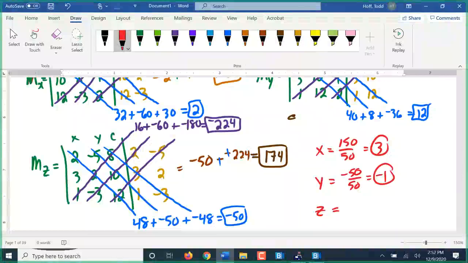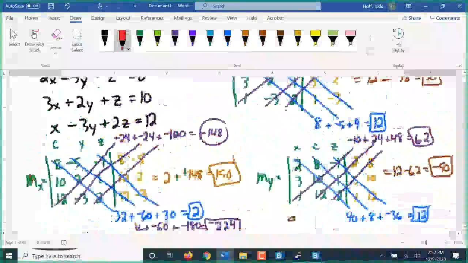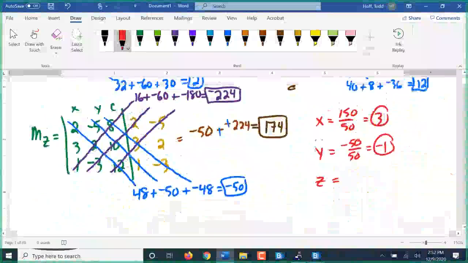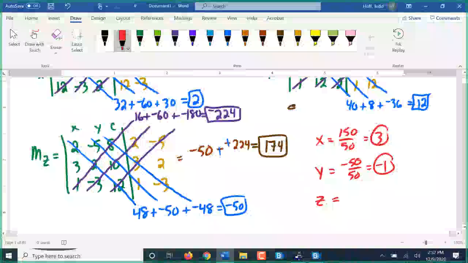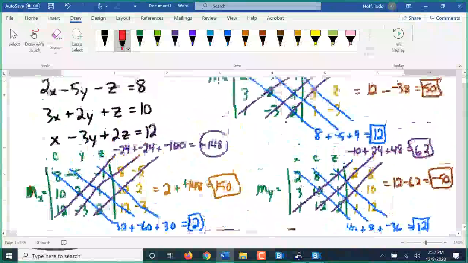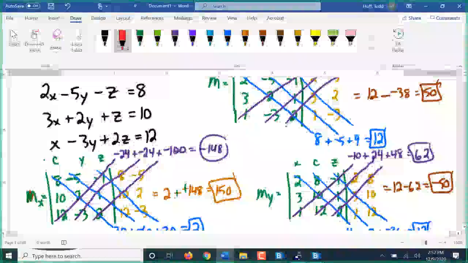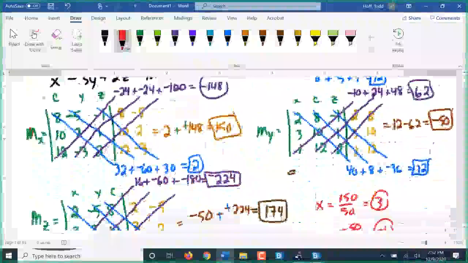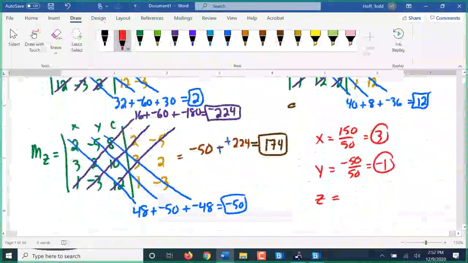Still not sure why that's coming up weird like that. Something just feels off about Z. Let me double check my matrix on Z because something's not coming out correct there. 3, 1, negative 5, 2, 3, 8, 10, 12.